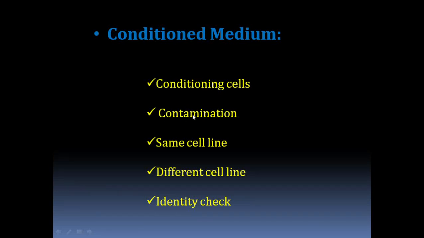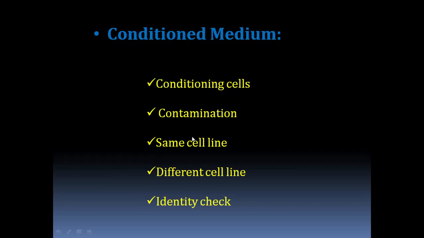Contamination can be removed with the help of filtration, thawing, and purification by centrifugation. These are the different techniques, centrifugation and filtration, that I can use to remove any carrying cells from the conditioning cells into the cloning part, right? So for preparing conditioned media, I need to use a conditioning cell, right?